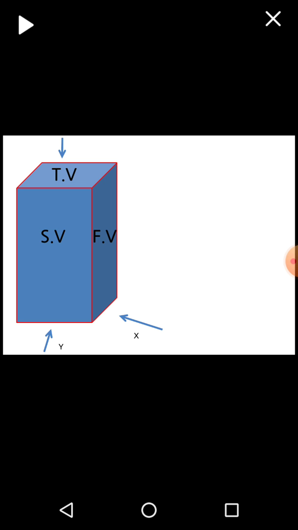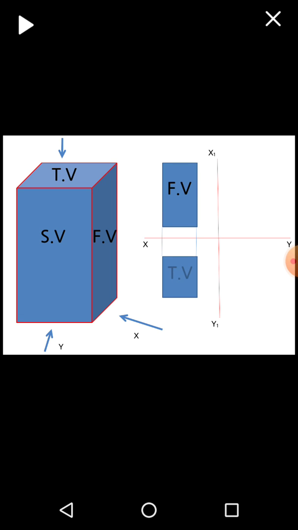So for this, the orthographic projection will be like this. First we'll draw the xy line, the x1 y1 line, and earlier we have seen that in this case the side view is the left hand side view, and the left hand side view will always lie on the right side of the front view. So first we'll draw the front view. Below the front view we'll have the top view, right? And for drawing the left hand side view, first from the origin, or the intersection of the xy line and x1 y1 line, we'll draw a line inclined at 45 degrees.